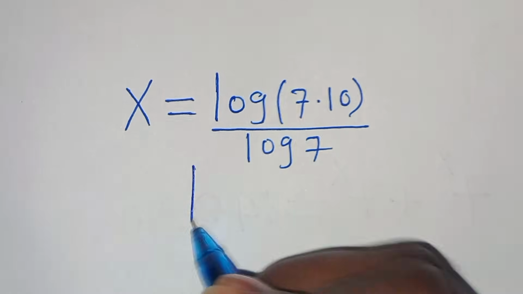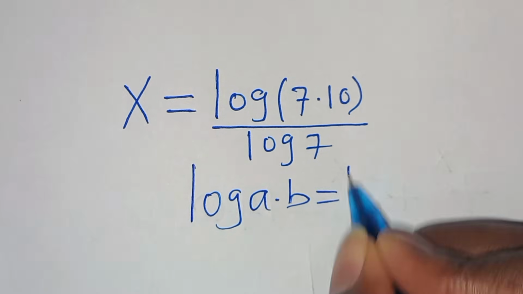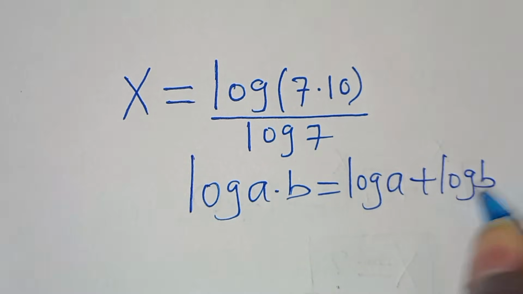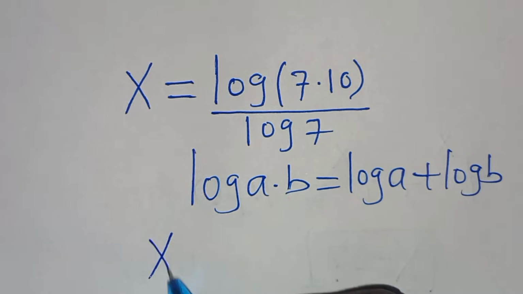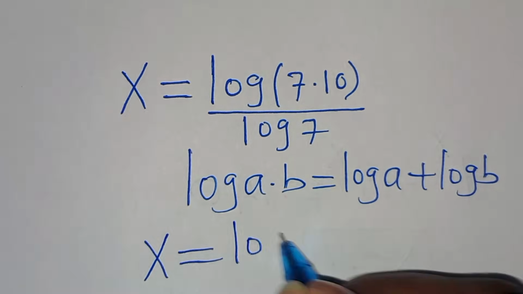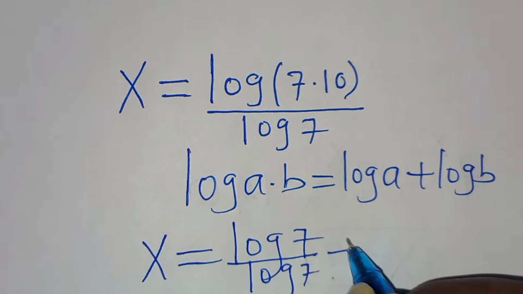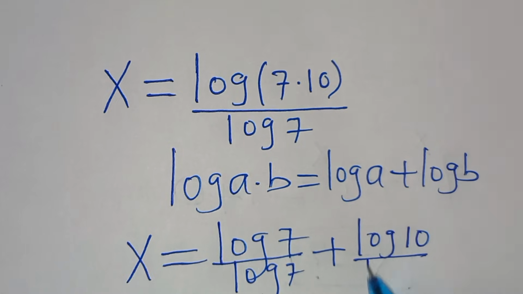This is in the form of log a multiplied by b, which we can express as log a plus log b. Now applying this logarithm property, then we have that x is equal to log 7 divided by log 7, then plus log 10 divided by log 7.